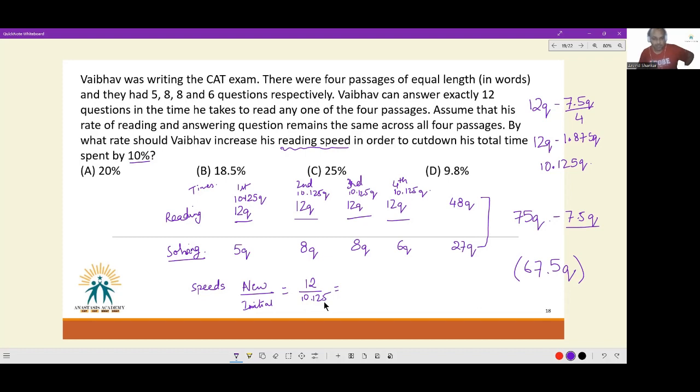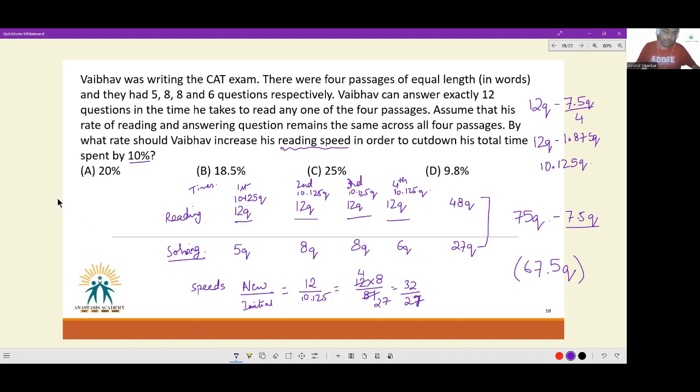Now 10.125 is not very convenient to see. 0.125 is 1 by 8. So we get 12 into 8 by 81. 10.125 is as good as 81 by 8. So now that we have this, I can cancel this off by 3. We get 32 by 27.